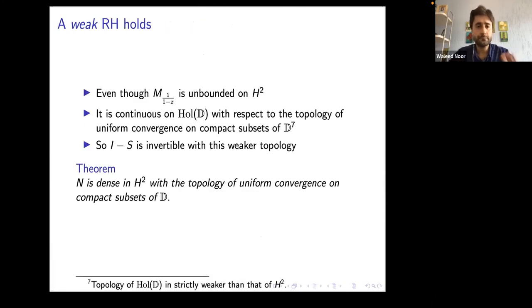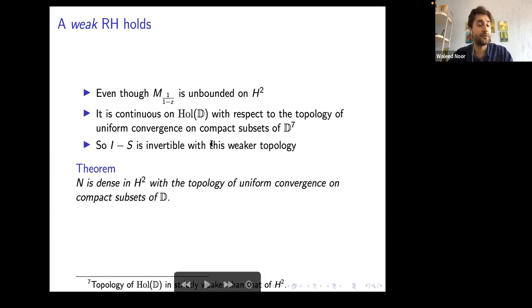Now, even though this is unbounded, that doesn't mean it can't be bounded on a larger space with a weaker topology. For example, if we consider the space of holomorphic functions on the unit disk with the topology of uniform convergence on compact sets, also called local uniform or compact-open topology, then in this space this function is bounded; it is continuous.